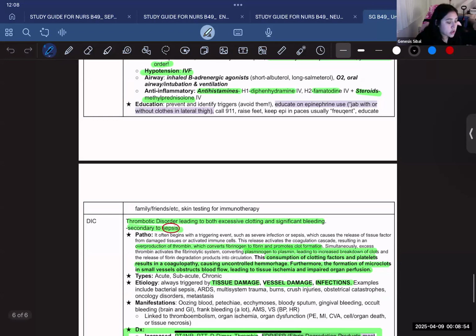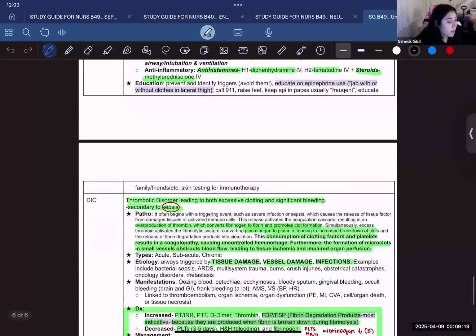So for hypotension, basically, you give IV fluids. For airway, you have albuterol, which is the short-acting adrenergic agonist that we've talked about. And I feel like that makes sense because you see people with the inhalers, and then same thing for the long-acting salmeterol, and then O2, obviously, airway intubation and ventilation if they really do need it because of the risks there.